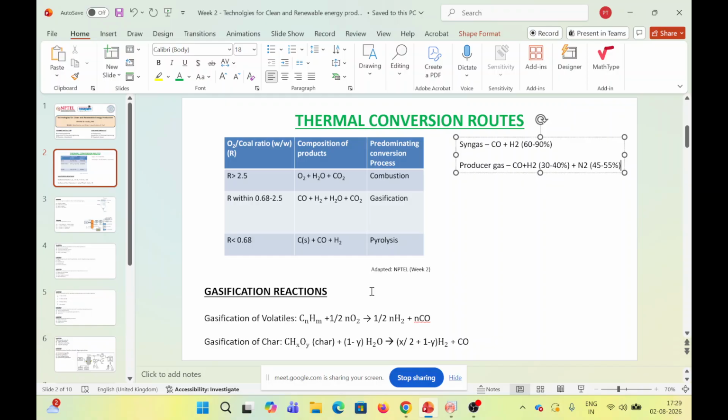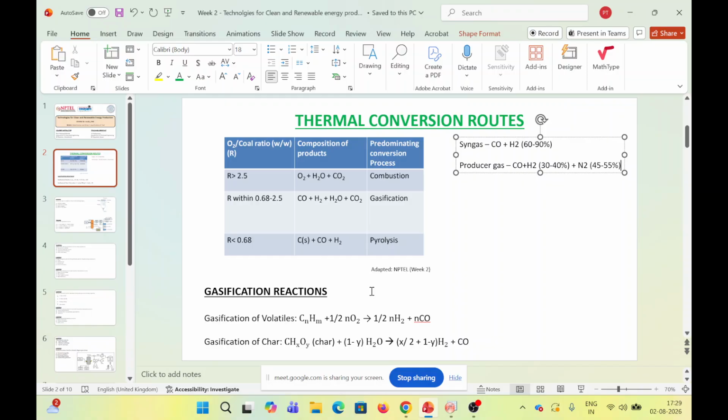Just remember that we are not just interested in knowing the composition, we are also interested in knowing how much energy gets produced from the syngas, and what is the flow rate of the syngas that gets produced. Based on that, we will be able to solve a few problems.